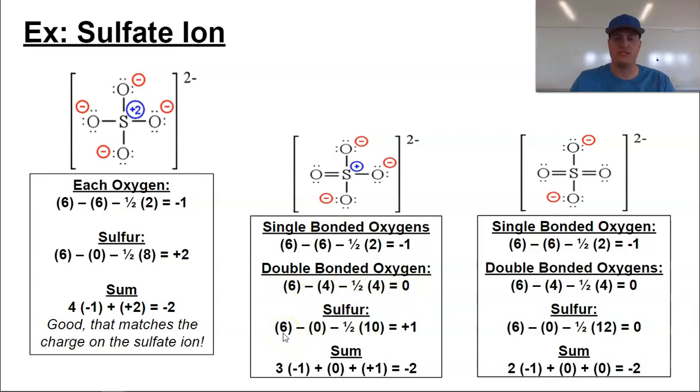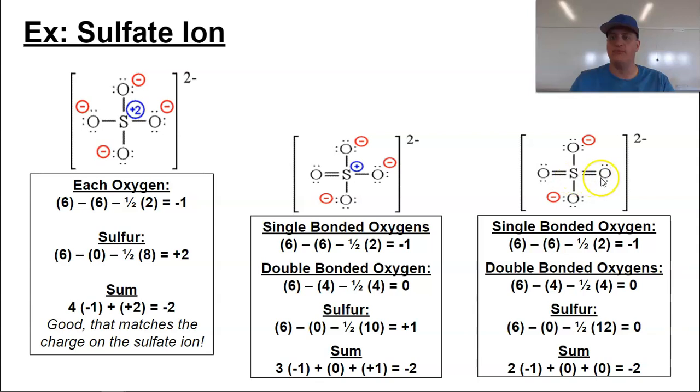Sulfur, we go from our 6 that it starts off with, has no unbonded pairs, 10 electrons. So now it's +1. That's better than +2. And we still get our sum as 2- from adding up all the different formal charges. So this looks like a better outfit because we get some zeros. This is not as high. That's still negative, and that's the most electronegative.